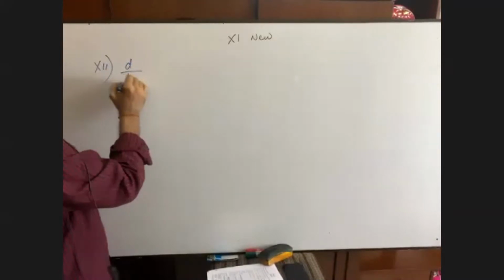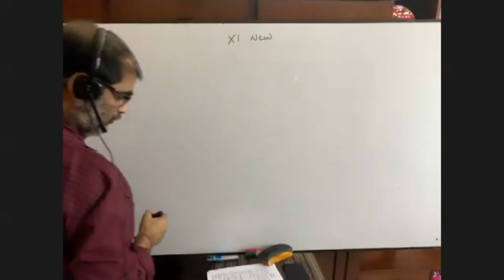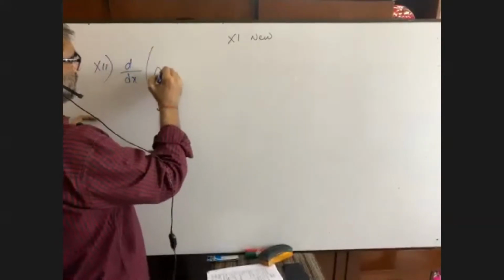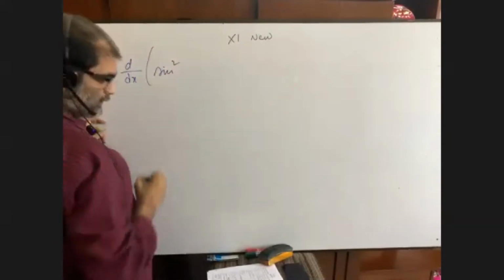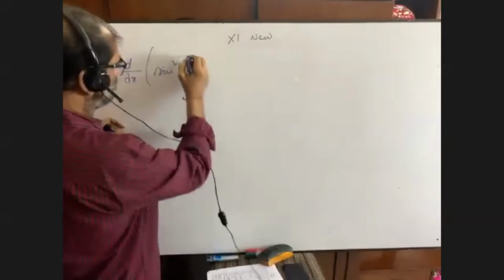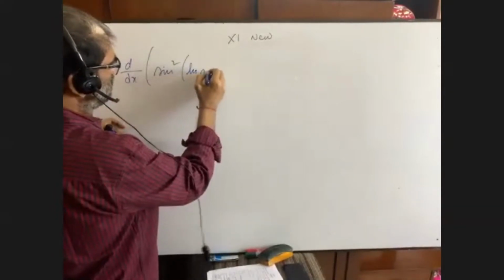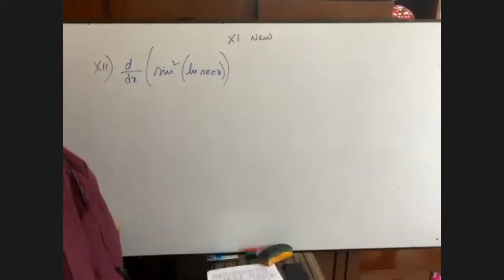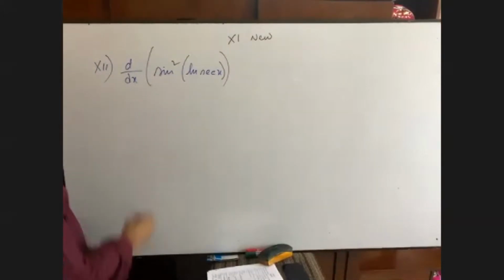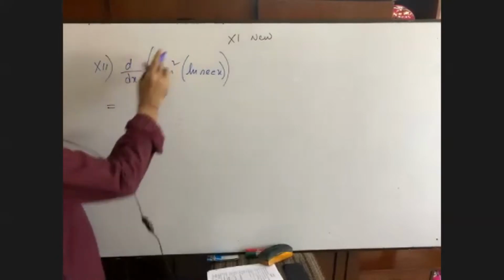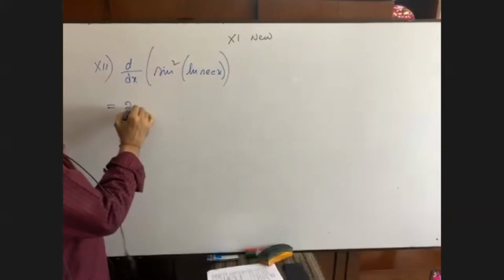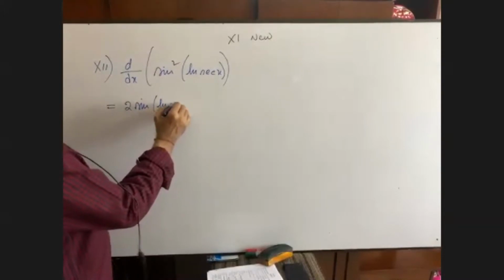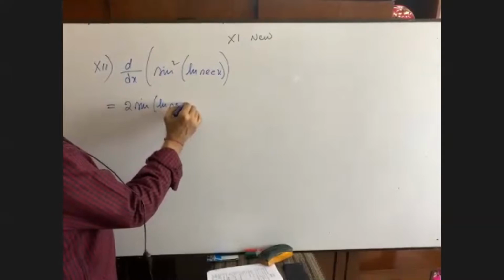d by dx of sine square of ln sec x. It is power 2, so it will be 2 sine ln sec x, right?